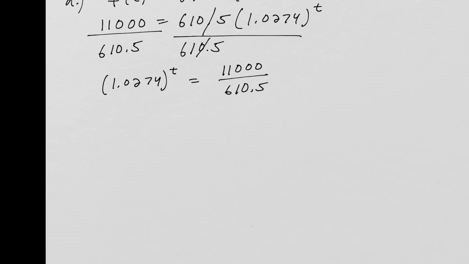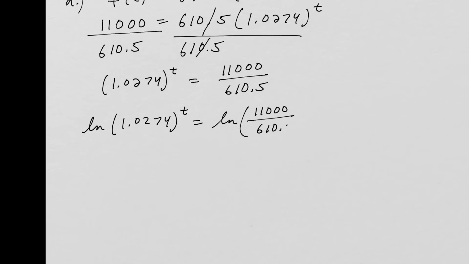Here's where you take the log, right, of both sides. So I'll take the natural log of both sides. And then I use that exponential property where the t, the exponent, comes out front.